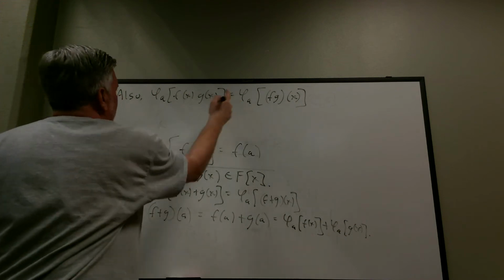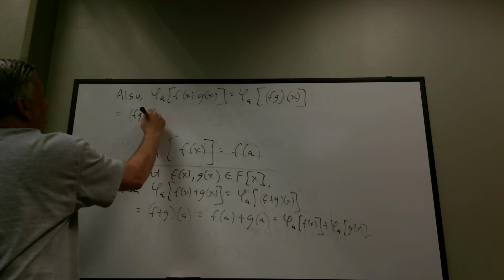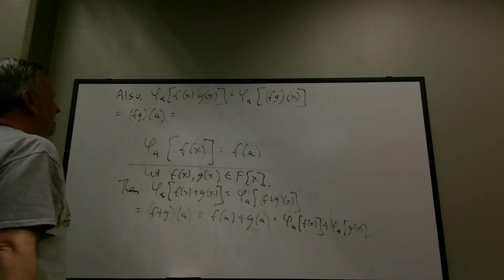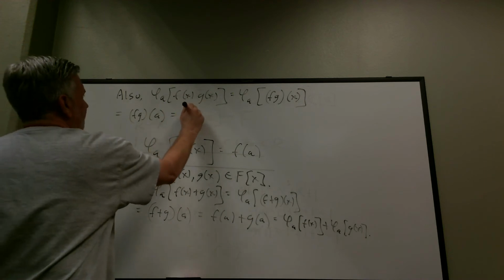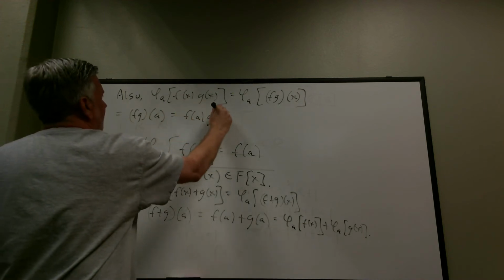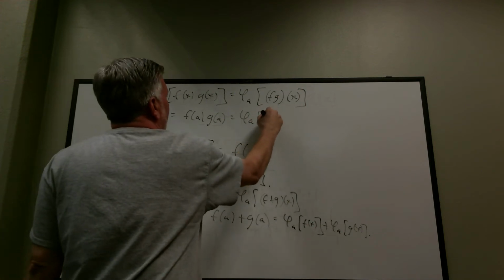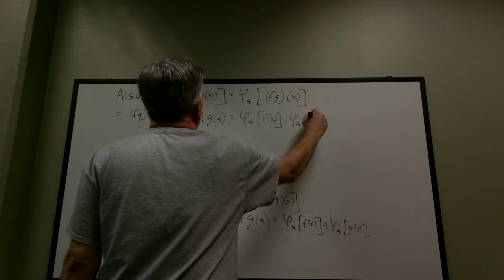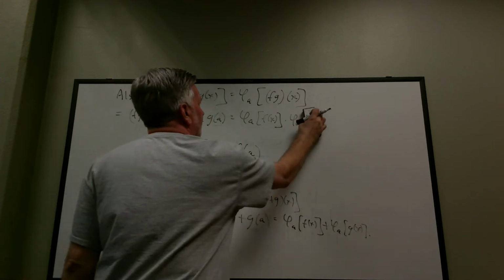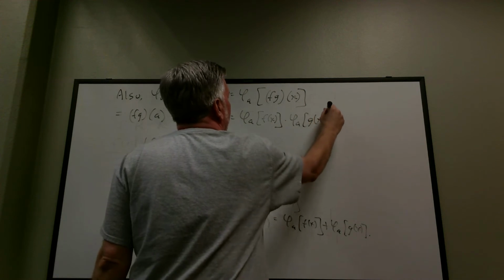Well, what's the definition of phi sub A? That's (fg) of A, but (fg) of A, by definition of the product of functions, is f of A times g of A, which is phi sub A of f of x times phi sub A of g of x.